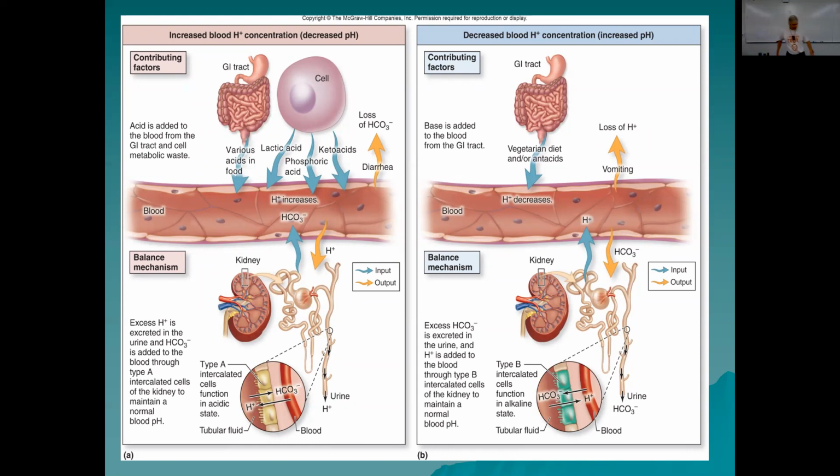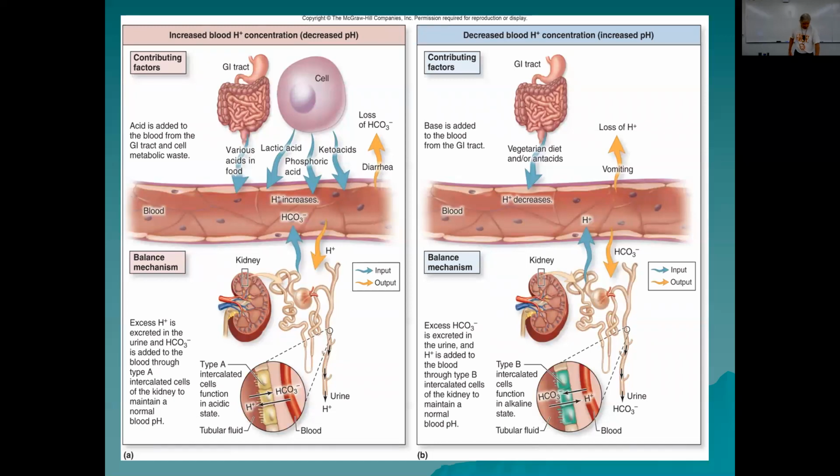How does that happen? Various acids in food, lactic acid, keto acids, by metabolism. They get put into blood. That stimulates hydrogen ion secretion from these type A cells in your collecting ducts.